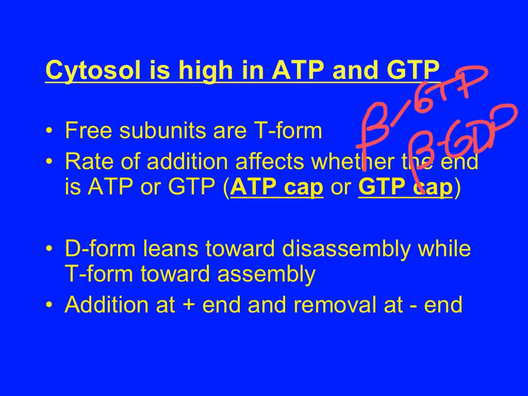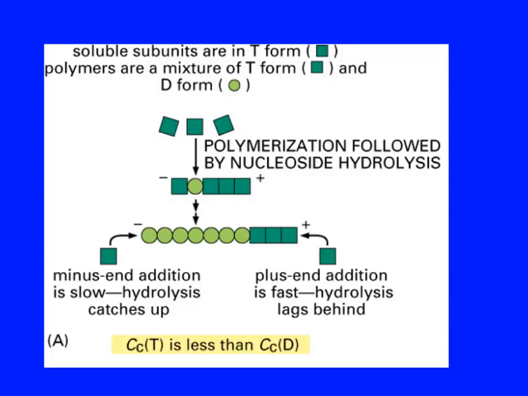The alpha stays GTP. So the D form leads towards disassembly. It's less stable. Maybe this will help. I have like 6 slides to make this maybe help. Now they're showing you green squares versus green circles.